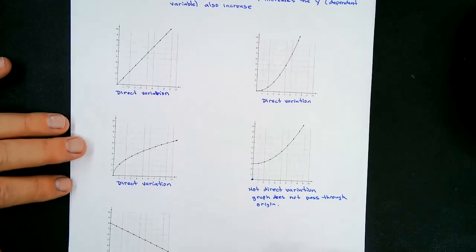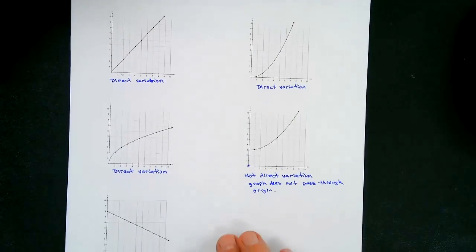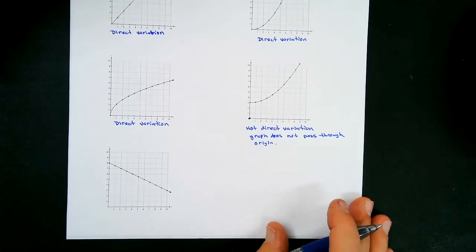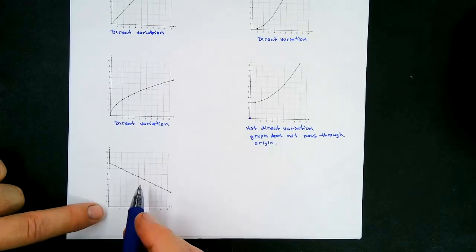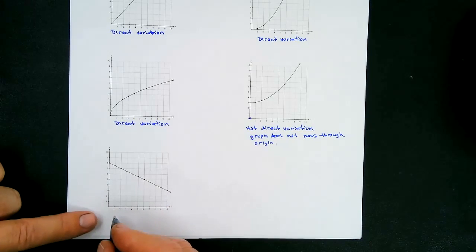Okay. This next last one down here at the bottom is also not direct variation because it's not going through 0, 0. Also, as x increases, y decreases. So that's another reason why it's not direct variation.